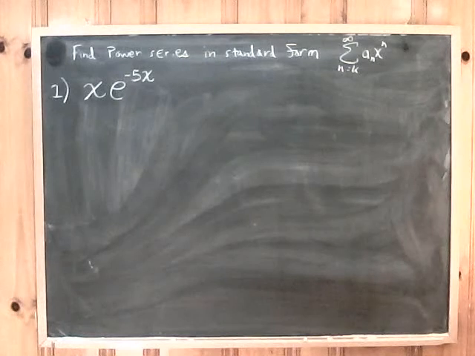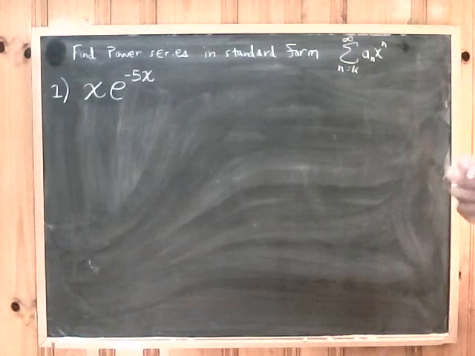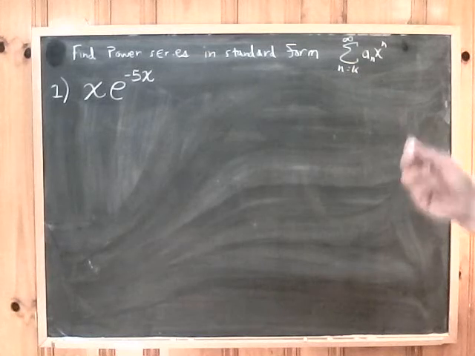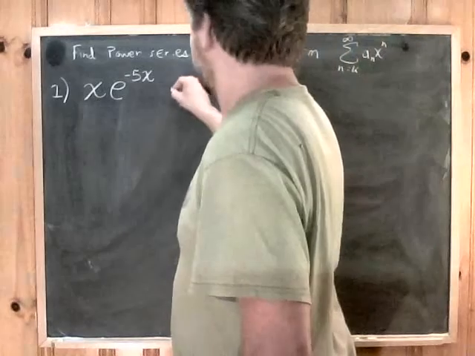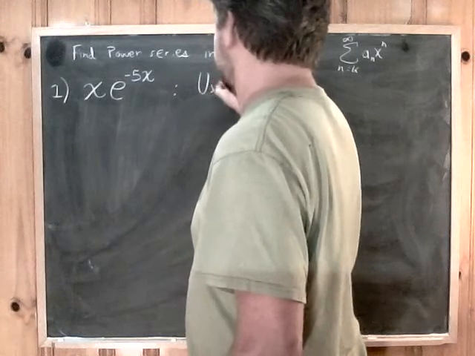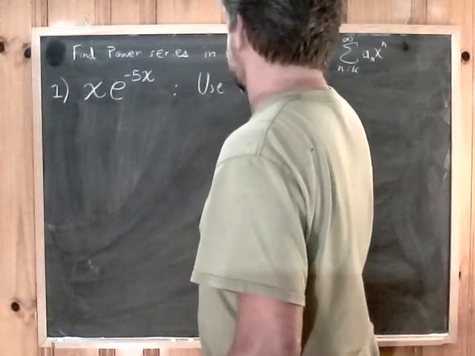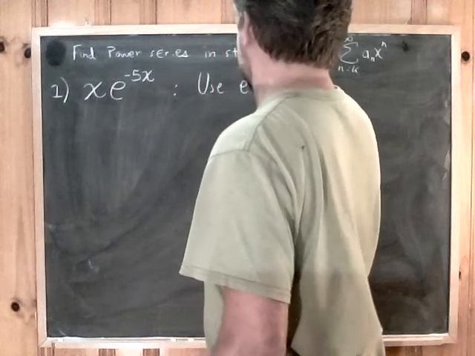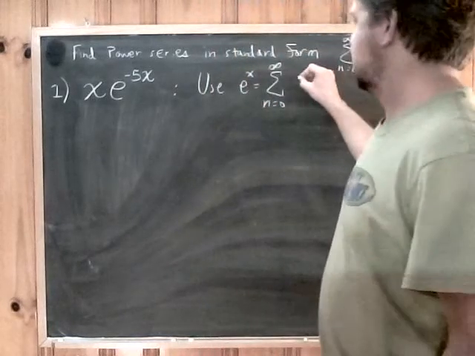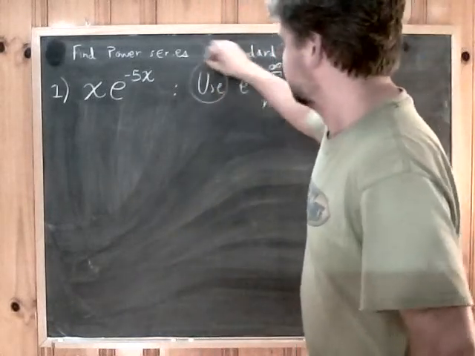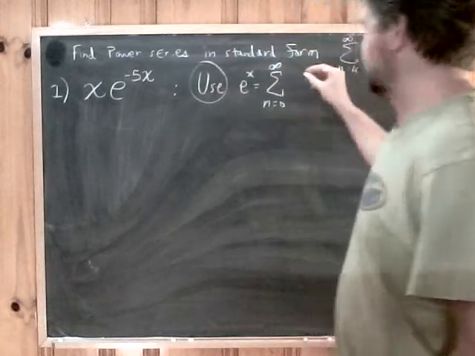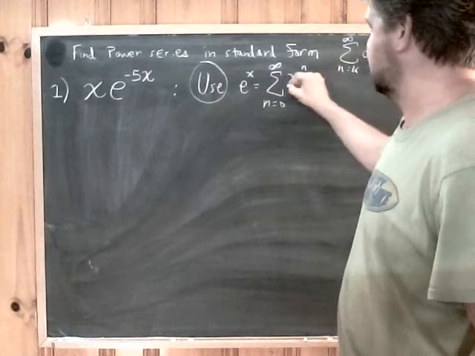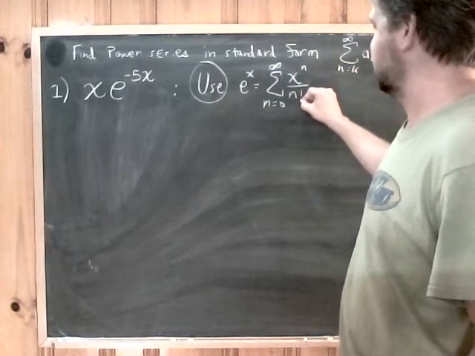So what you're supposed to do, though, is take this function, start with one of the main ones that we know already, and right now we only have the two. So on this one, I'm going to start with e to the x equals summation n equals 0 to infinity x to the n divided by n factorial.